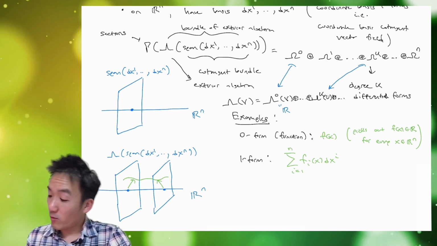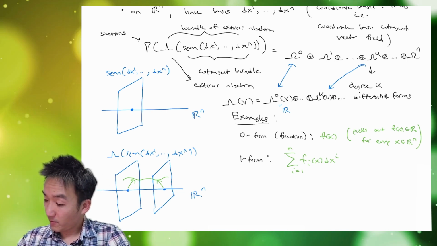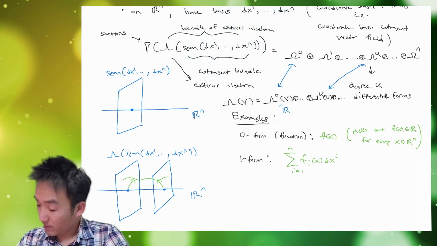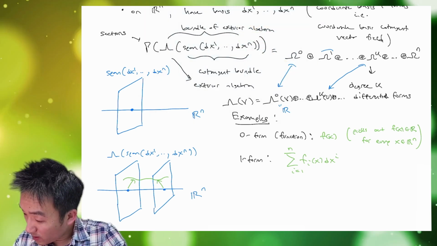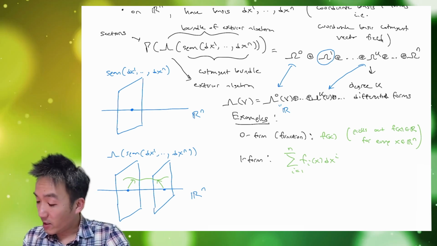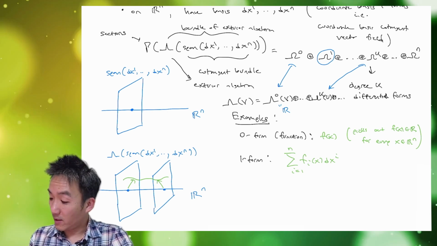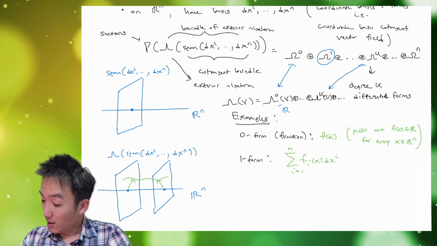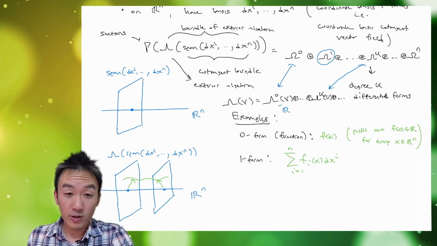And the reason a one form looks like that is because this omega 1 corresponds to picking out an element of the degree 1 part of the exterior algebra.